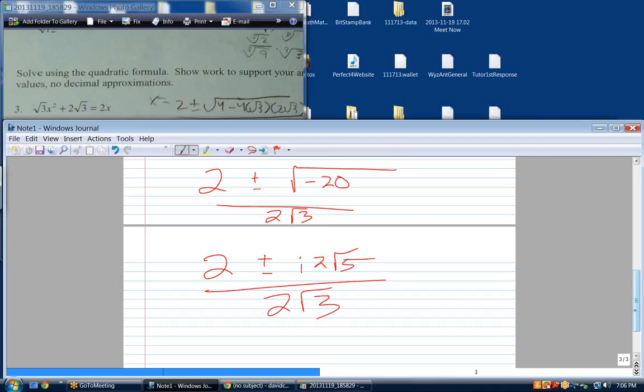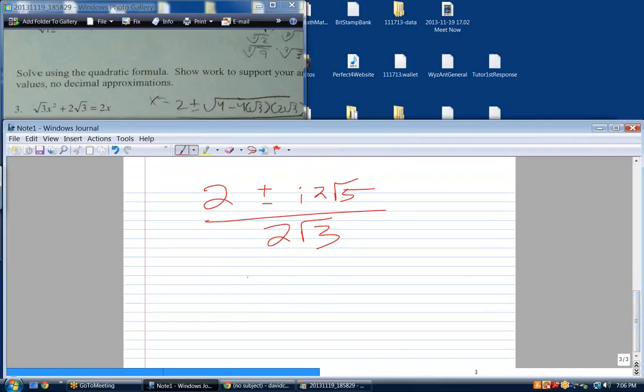And then again, all the 2's simplify, so it would turn into 1 plus or minus i square root of 5, all over 1 square root of 3.